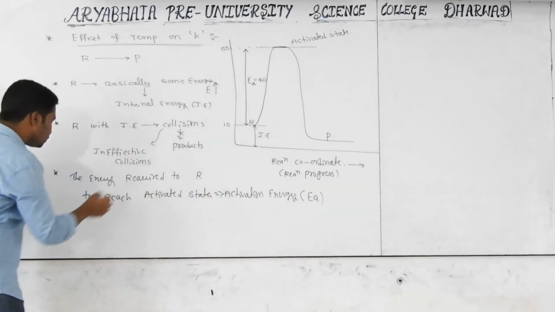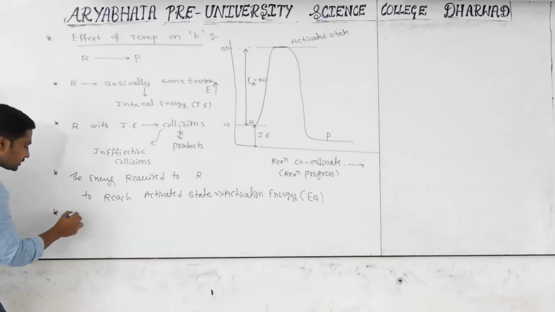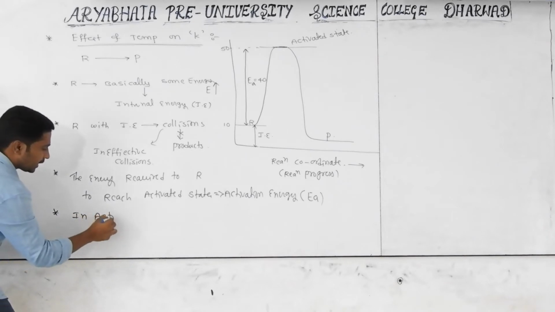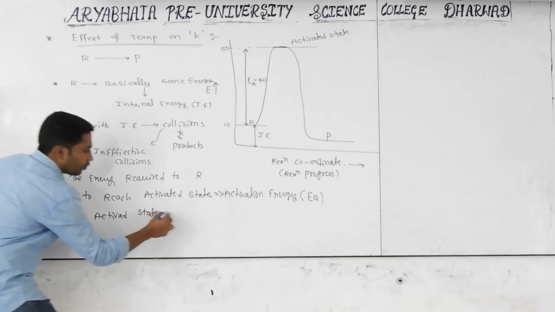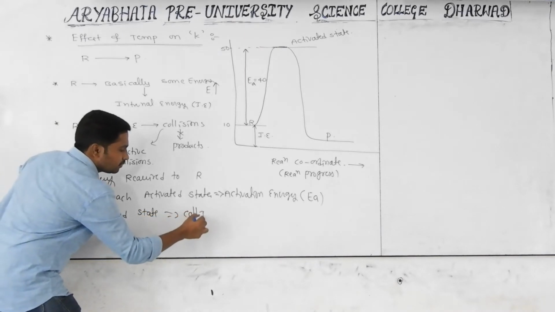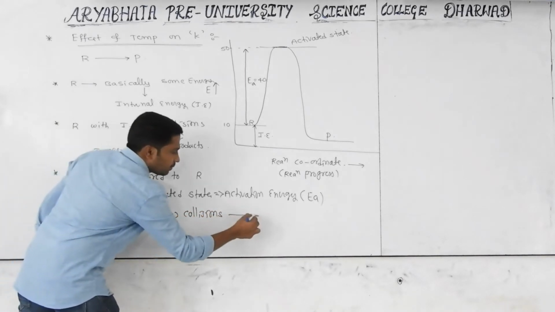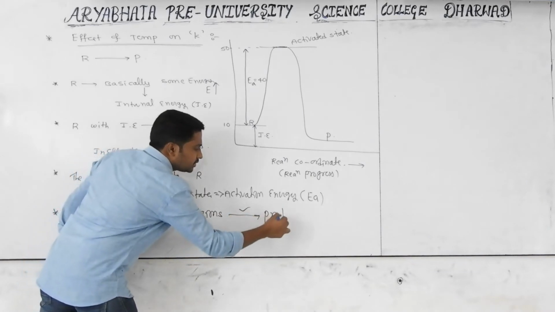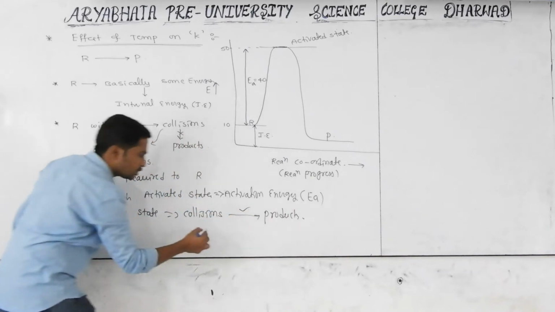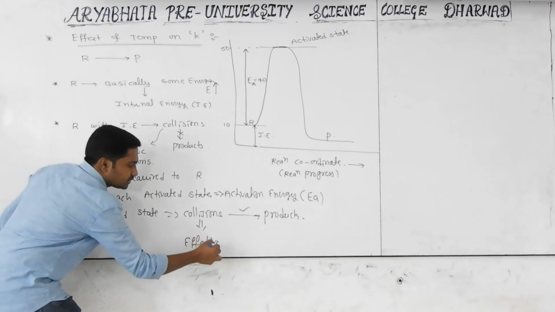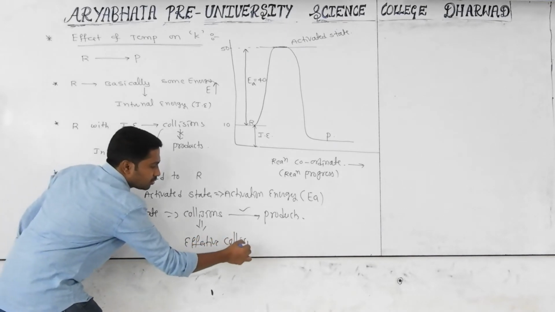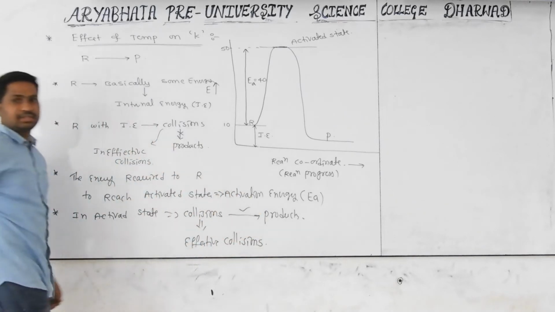That's why in the activated state, whatever collisions are going on, those collisions perfectly convert the reactants into products. Those collisions we call effective collisions.